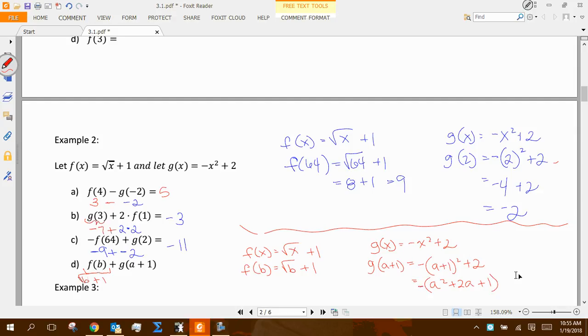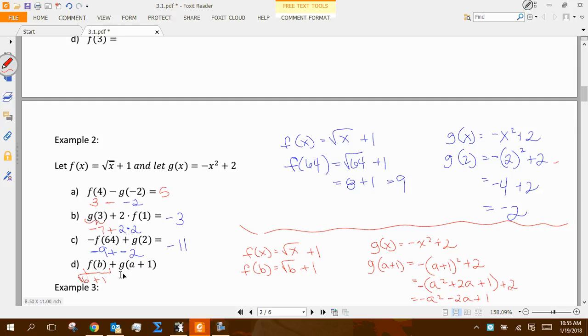And now you have the opposite of that, and then we'll add 2. So let's distribute this negative and add like terms together. We get negative a squared minus 2a minus 1 plus 2. The minus 1 plus 2 turns into plus 1. So that's what g of a plus 1 looks like: negative a squared minus 2a plus 1.